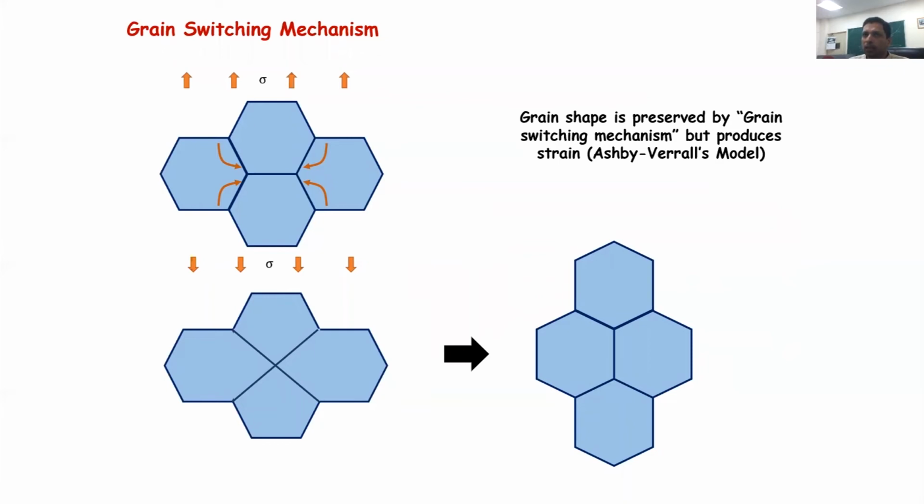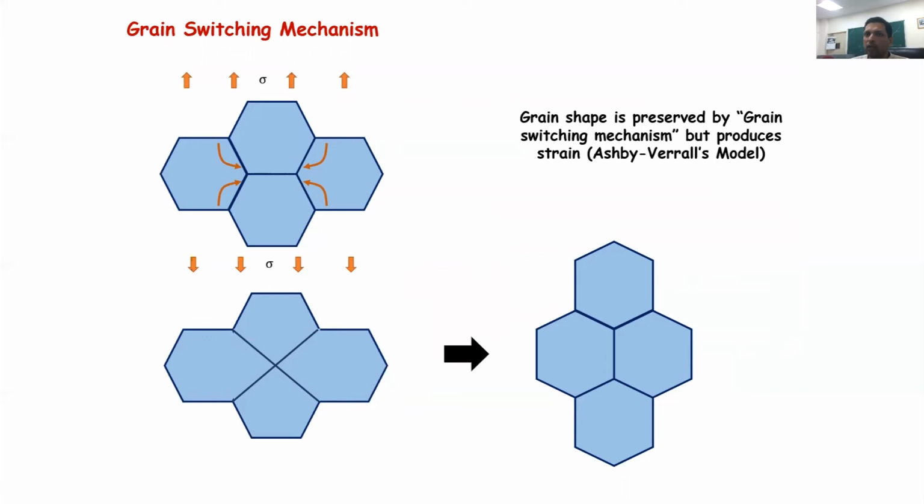Now there is another mechanism which is called the grain switching mechanism. So here, basically, the grain shape is preserved by the grain switching mechanism, but it produces a strain, and eventually the shape of the component changes.